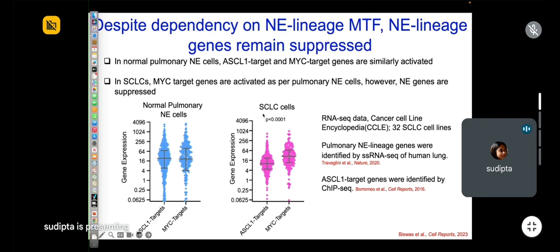But in small cell lung cancer, you can see that MYC targets, that is replication, are the same as in normal pulmonary neuroendocrine cells, but the differentiation genes are repressed. So specifically that is repressed, so it's not getting mature.